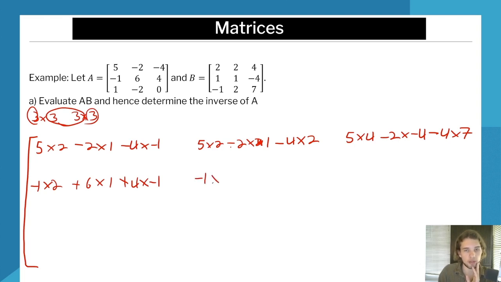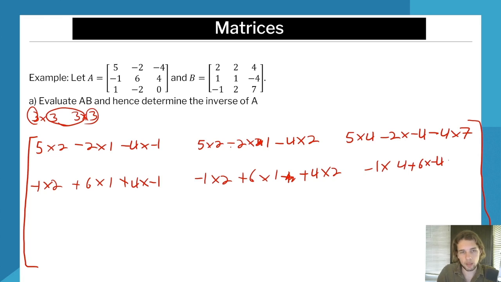So that's minus 1 times 2 plus 6 times 1 plus 4 times 2. Now, we can probably put the borders here. We have row 2, column 3. So that's minus 1 times 4 plus 6 times minus 4 and plus 4 times 7.